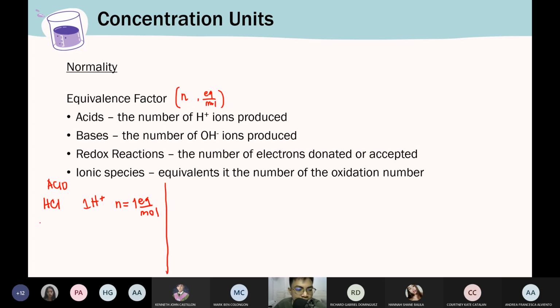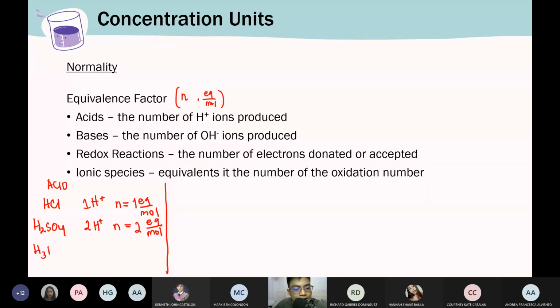Let's try another acid. Let's say sulfuric acid, H2SO4. Ilang hydrogen ang pwede matanggal sa sulfuric acid? Dalawa. Kasi dalawa yung H doon, no? H2, di ba? Ibig sabihin, dalawang H yung pwede mo matanggal. So, its equivalence factor is 2 equivalents per mole. Okay?